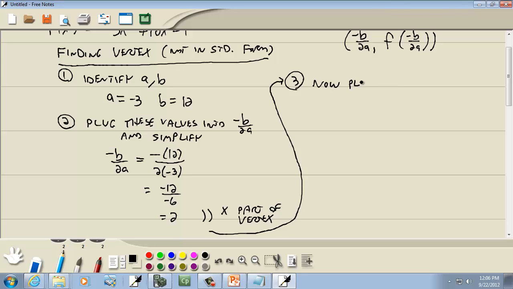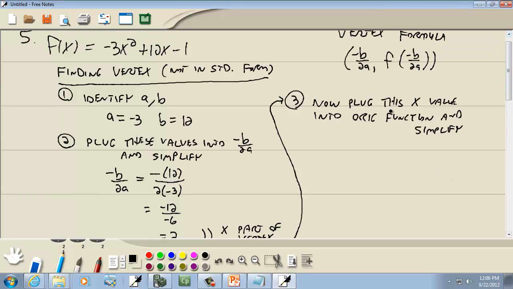Now, plug this x value into the original function and simplify. Well, this is our original function, and we just said x was 2, so we're going to evaluate f of 2.